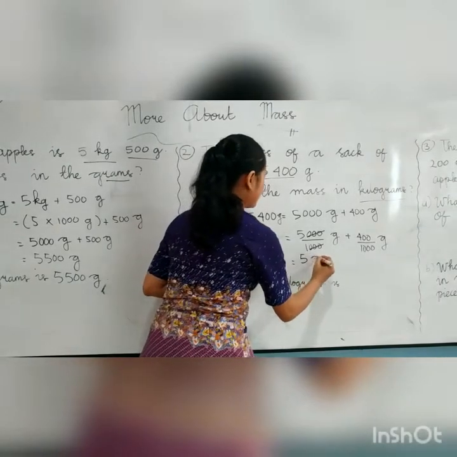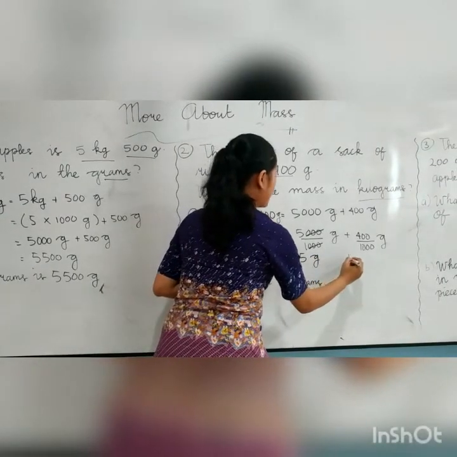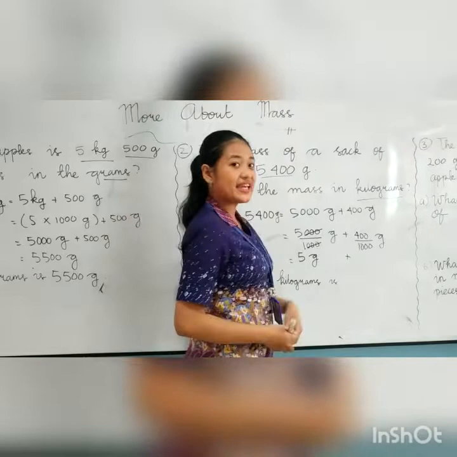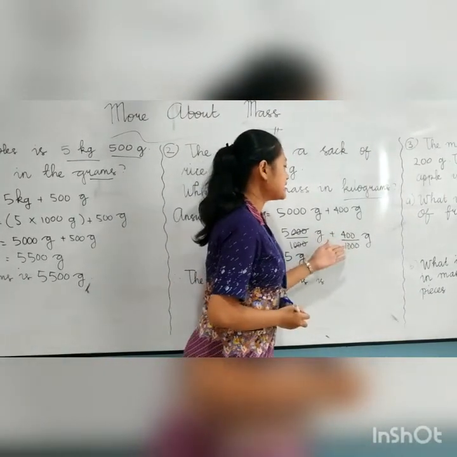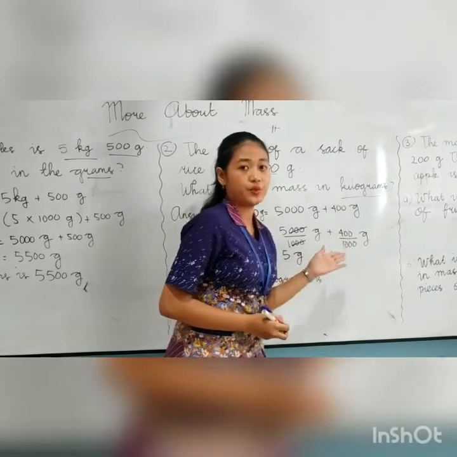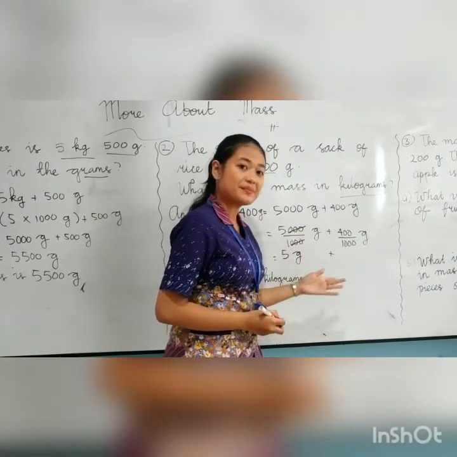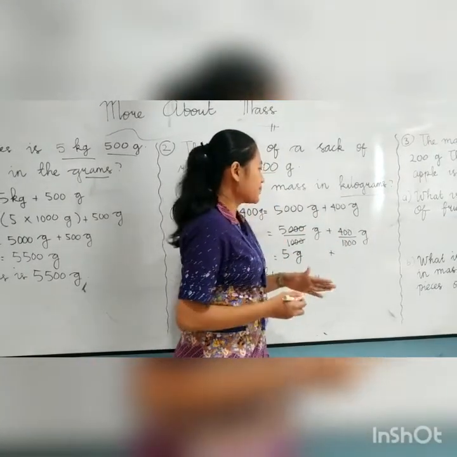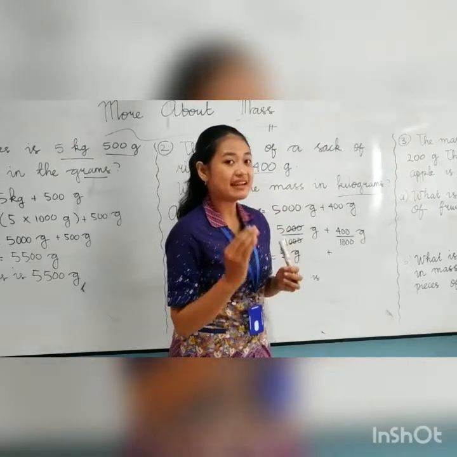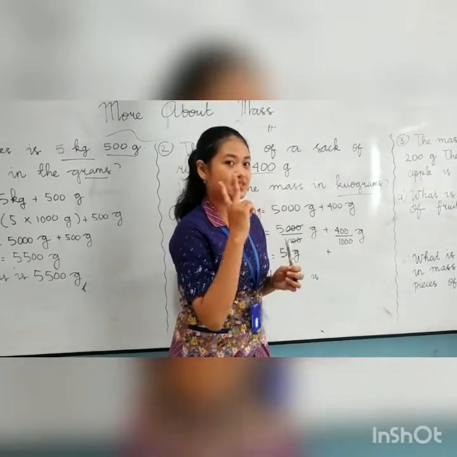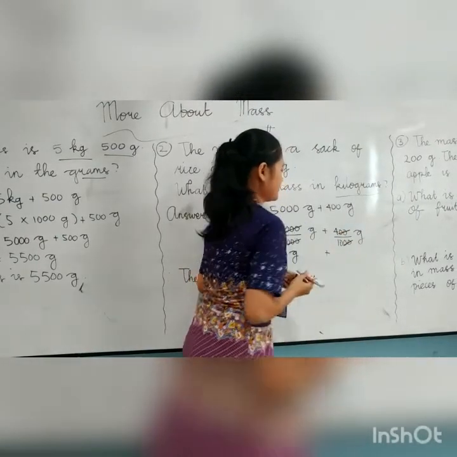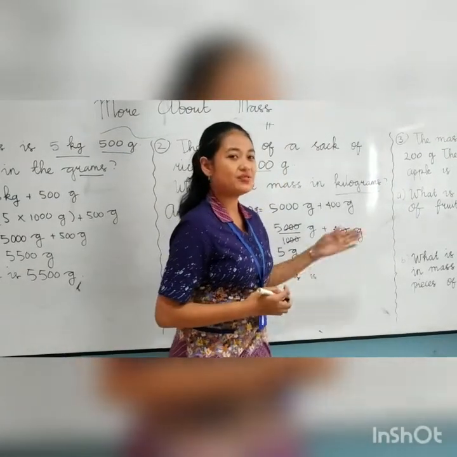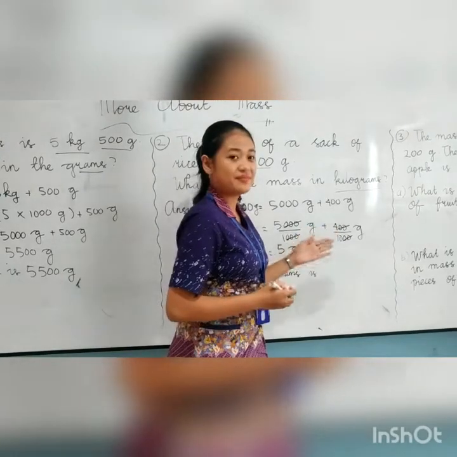5 grams plus. Now, we can erase the zeros also. But see, the zeros at the top are only 2, and the zeros at the bottom are 3. So we can only erase 2 zeros and 2 zeros. And it will become 4 divided by 10.